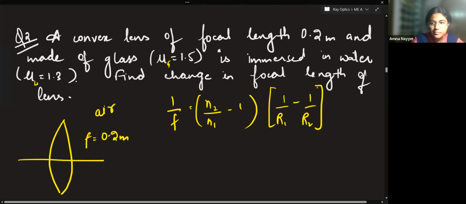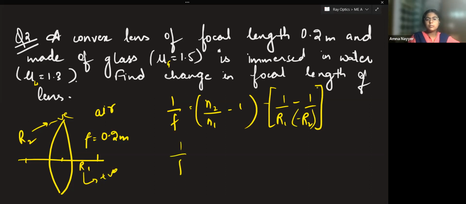See, the main formula is this. Let's say radius of curvature here is R2, and radius of curvature here is R1. So R2 will become negative and this becomes positive. So if R2 is minus R2, what will be the formula? This becomes N2 by N1 minus 1, 1 by R1 plus 1 by R2.